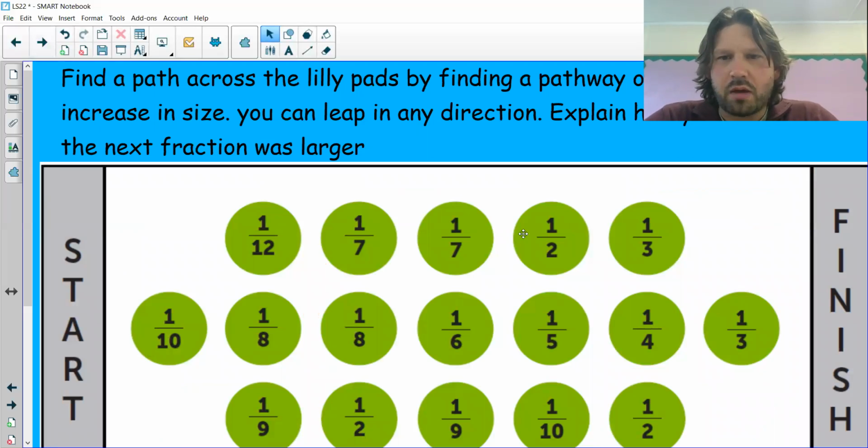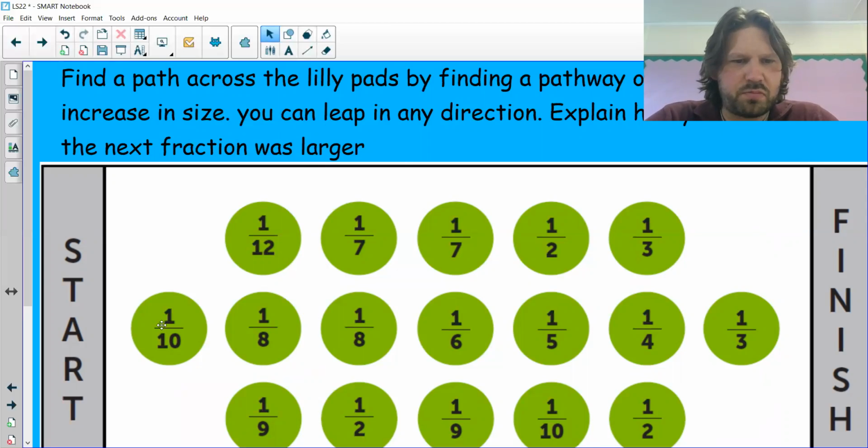Okay, so I'm going to put this lily pad game onto the Google Drive. So find a path across the lily pads by finding a pathway of fractions which increase in size. You can leap in any direction. Explain how you knew that the next fraction was larger.